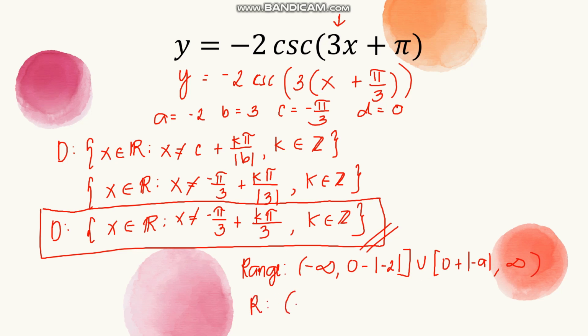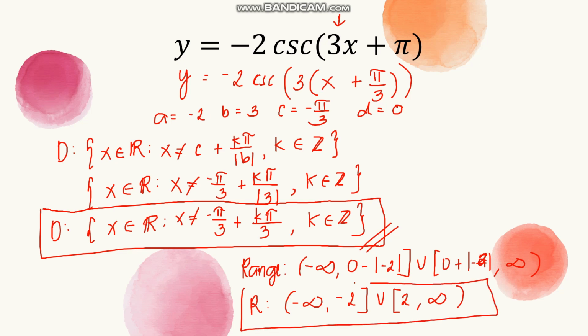So the range will be negative infinity, 0 minus absolute value of negative 2, so that will be 0 minus 2, or negative 2, union with 0 plus, oh, this one should be 2, absolute value of negative 2, so that is just 2, to positive infinity. So this one now is the range of our function.